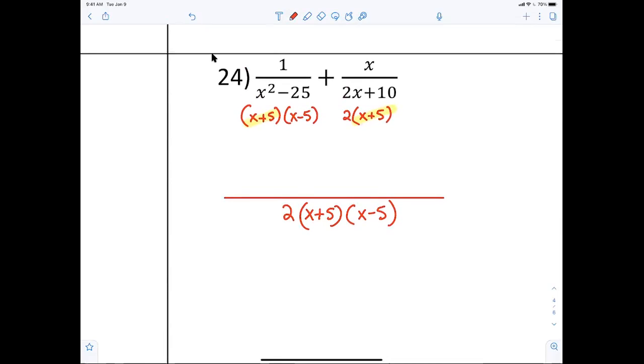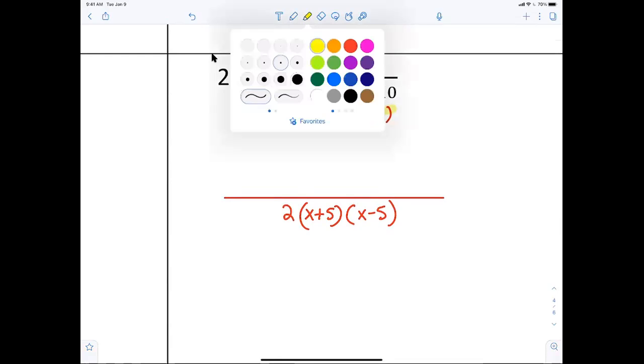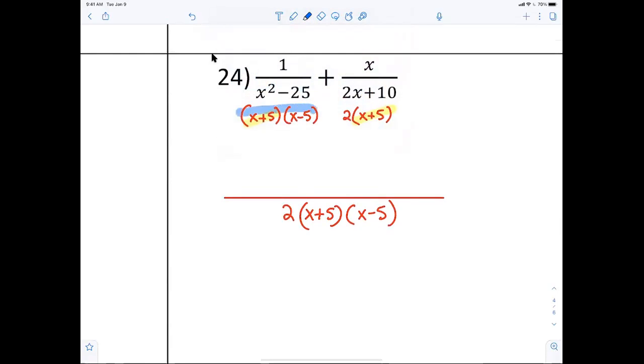So wouldn't you multiply the 1 by 2? Now what you're doing exactly is you're looking at this denominator and you're looking at the common denominator and you're saying, what is missing? The 2. So I simply multiply this fraction by 2. Look at the first fraction. You're looking at the denominator.